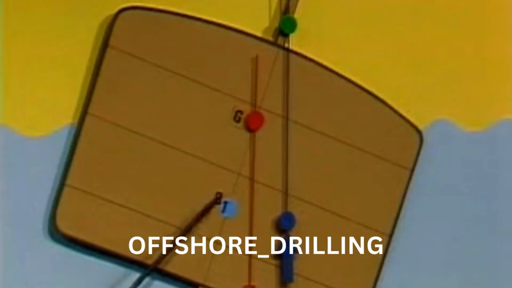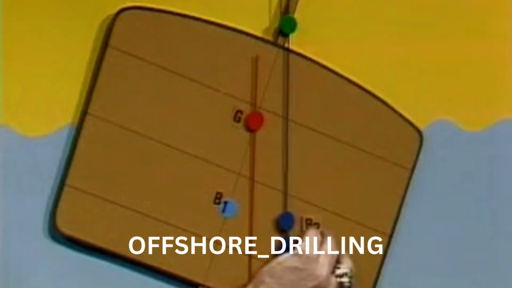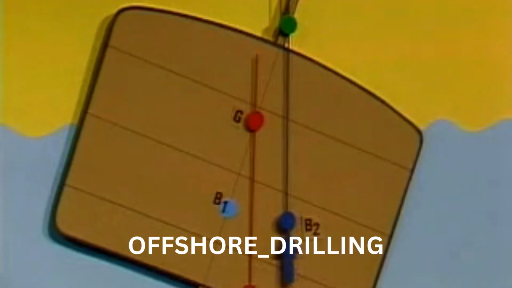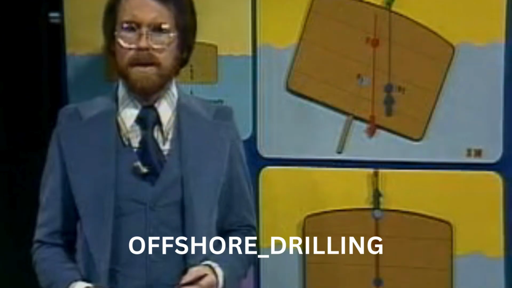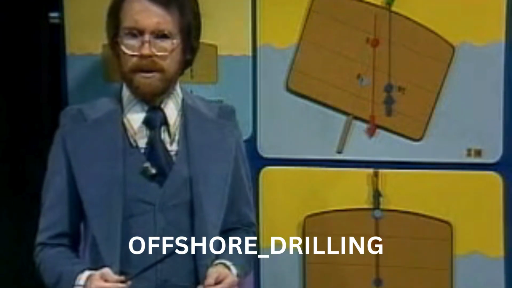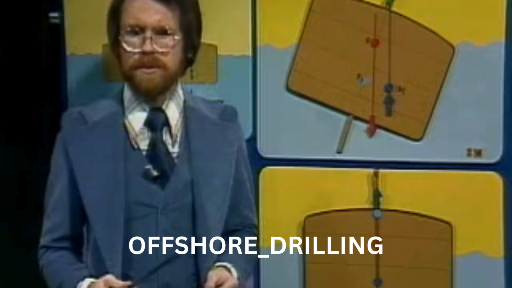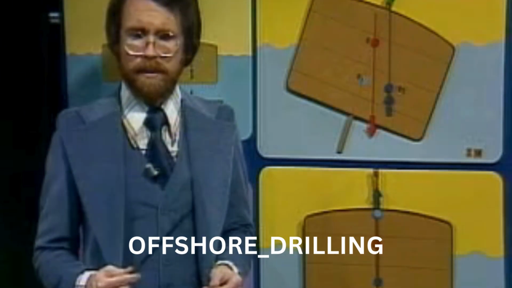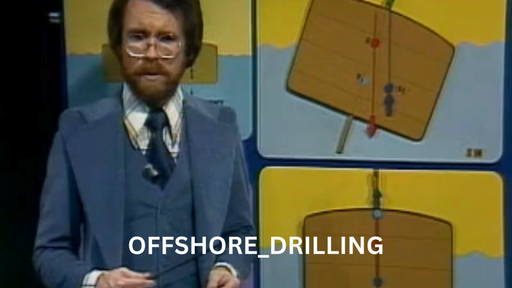B will move towards the low side of the vessel. We call this new location of the center of buoyancy B2 to distinguish it from B1, the original location of the center of buoyancy. It is this movement of B that gives the vessel its tendency to return to its original upright position instead of turning over.